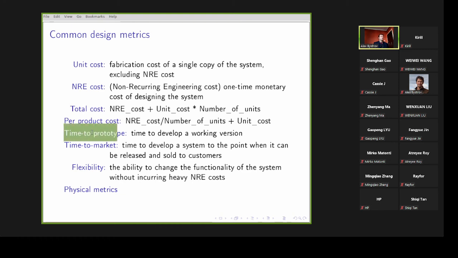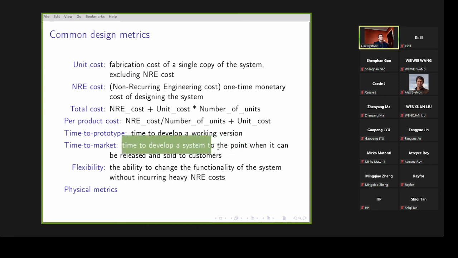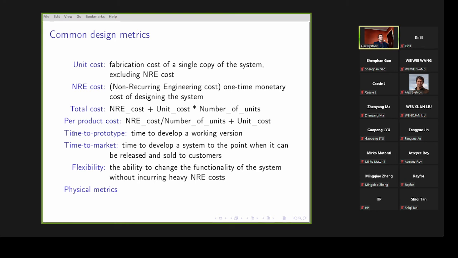Now, some other metrics are time to prototype, time to market. They are timing related. So time to develop a working version of a device, time to prototype. Time to market, time to develop a system to the point where it can be released and sold to customers. Well, time to prototype is shorter than the second one, and the second one is extremely important, will be shown in the next slide.